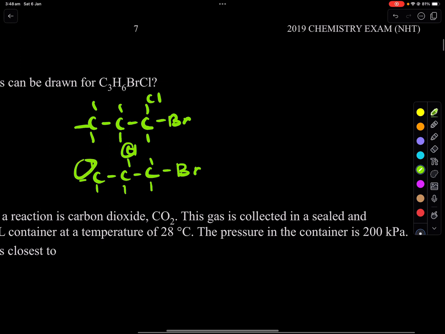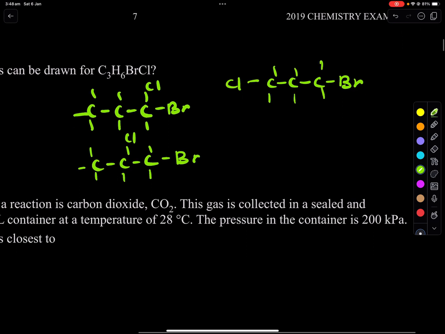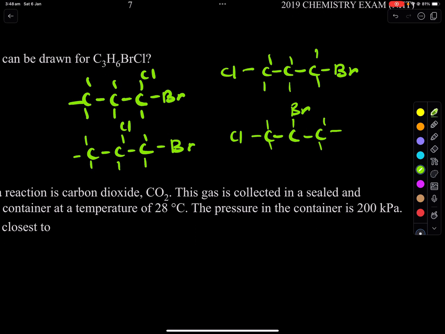If I take this chlorine and put it over here, with Cl here, that's 3. And if I take this bromine and put it here, that's 4.